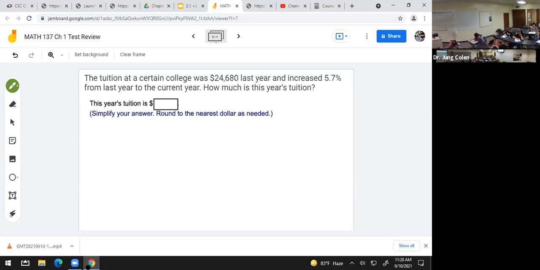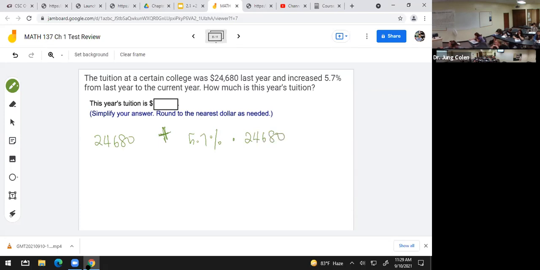And think about it. If we are increasing that by 5.7%, well, we can think about we are paying 24,680 plus some increase there, right? So how much will be increased? It says 5.7% of the previous one, of 24,680.